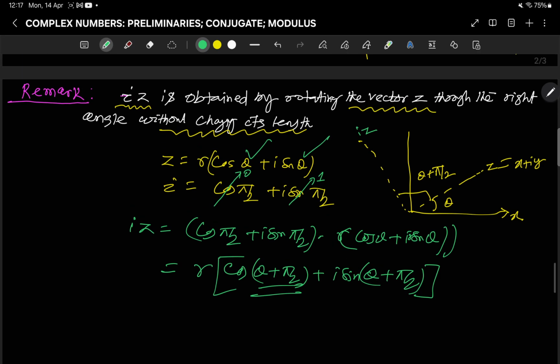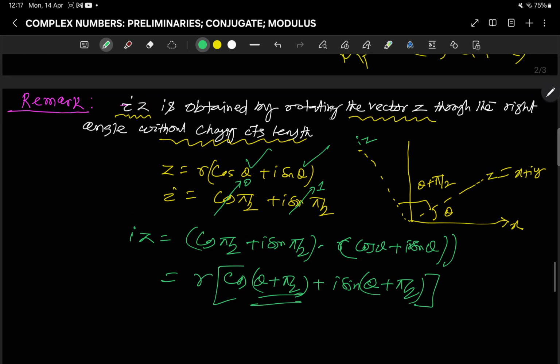So this iz is obtained by rotating z through a right angle without changing its length.